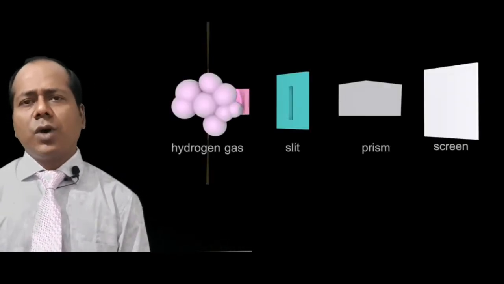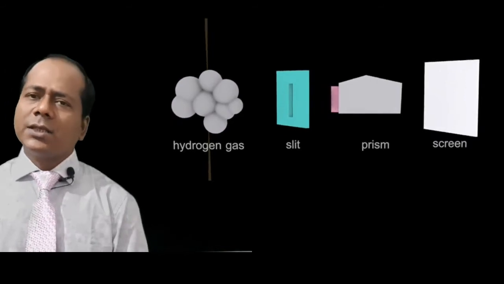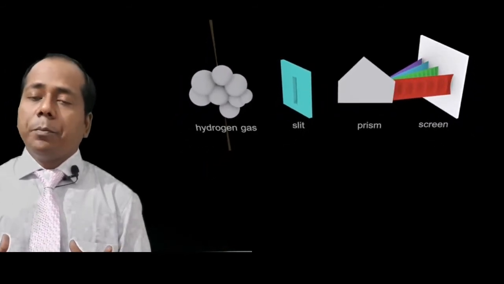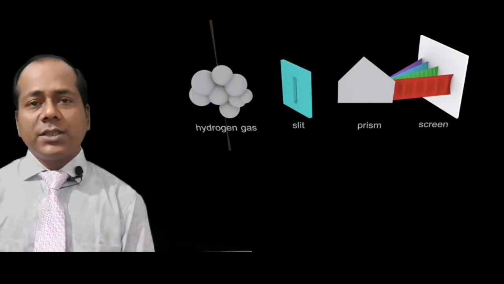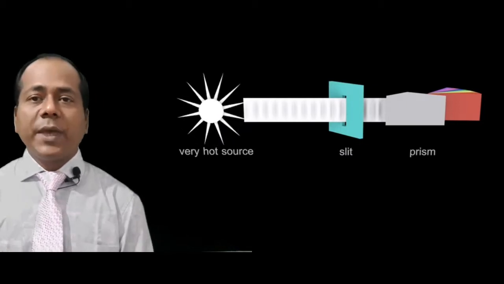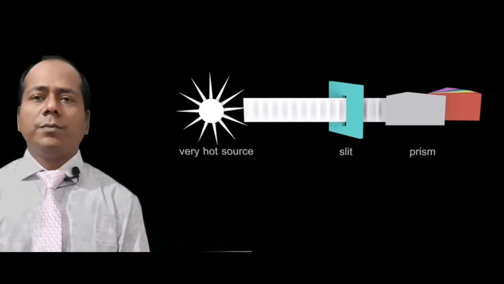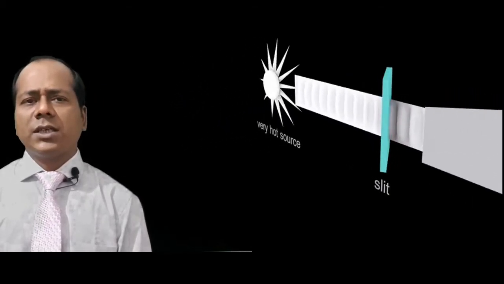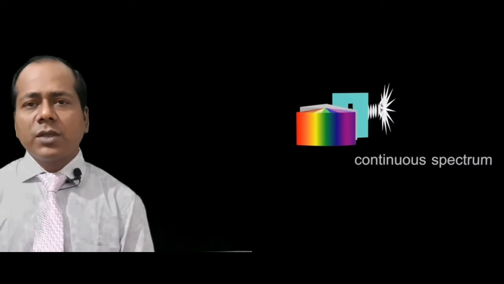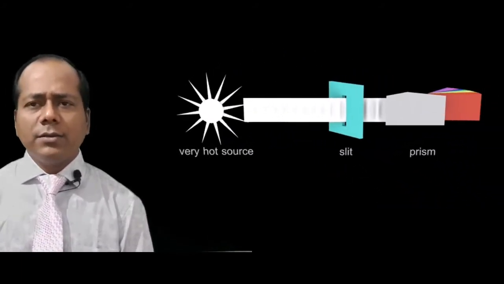For example, when high voltage current is passed through hydrogen gas in a glass tube at low pressure, that means 10 millimeter of mercury pressure, pink colored radiation is emitted. Spectroscopic analysis of this pink colored radiation resolves it into four colors, namely violet, blue, green and red.